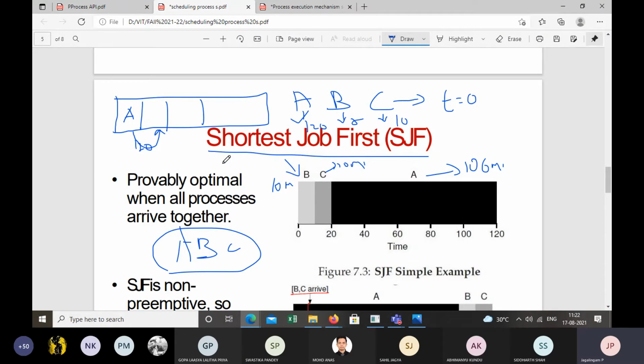That's how the algorithm is designed. In non-preemptive, the operating system will not make a context switch. It lets process A complete, and only then moves to the other process.